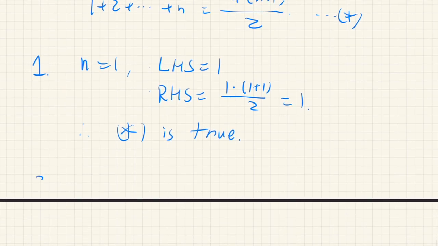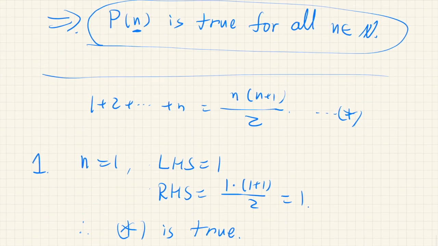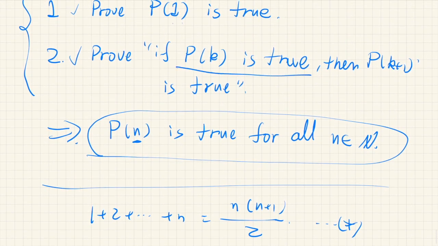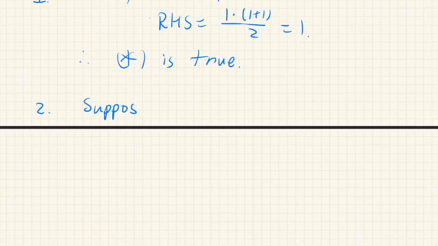And second step, here's the assumption part. Suppose the formula is true for n equal to k.